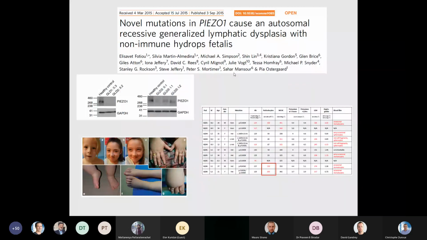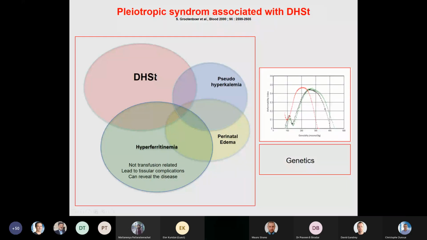And this is finally what you get. You have the hemolysis, you have hyperferritinemia, you have perinatal edema, and what I didn't talk about, for some patients you have a pseudo-hyperkalemia. You can get a call from the lab telling you that your patient has 8 or 9 millimole per liter of potassium. It's artifactual.